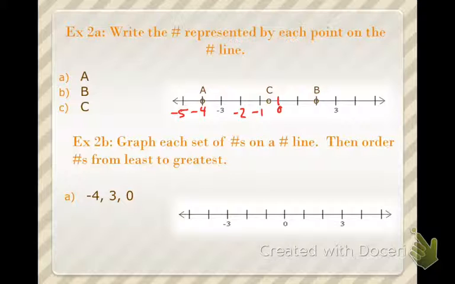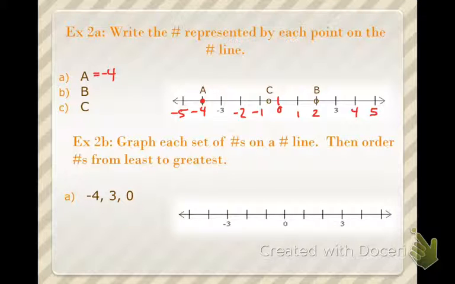Your negatives are always to the left, and your positives are always to the right. So that would be 1, 2, 3, 4, 5. It's asking you to name the number where the point is located. A is on the negative 4 line, so A equals negative 4.